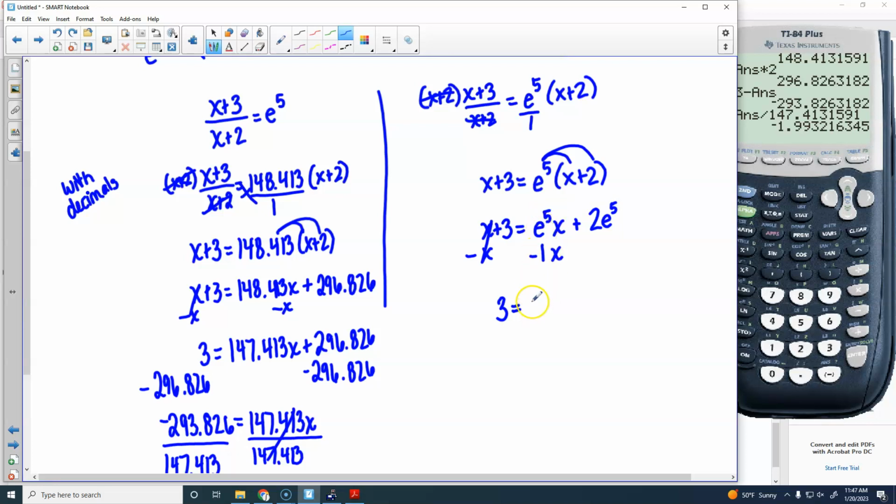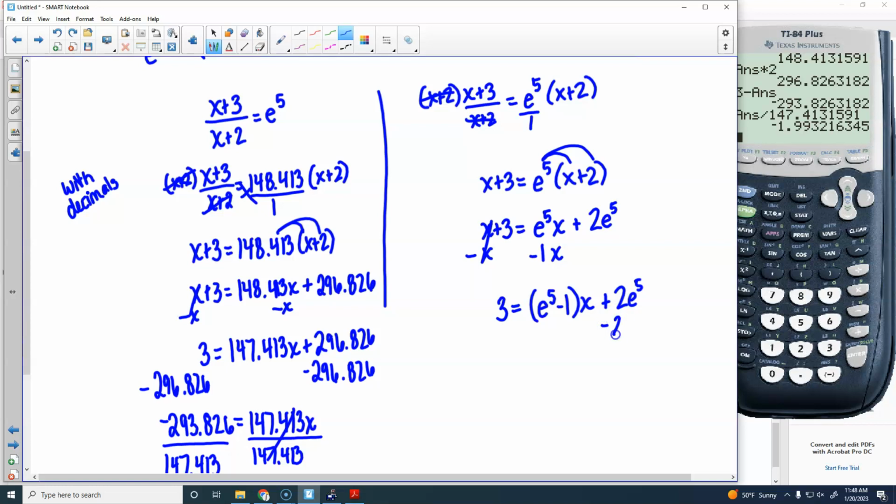So the way I have to write this is like this, (e to the fifth minus 1)x plus 2e to the fifth. I could do that in the calculator because e to the fifth is just a number, but I can't do it if I'm still using the e's because they're not the same. So you're just going to put parentheses around it there.